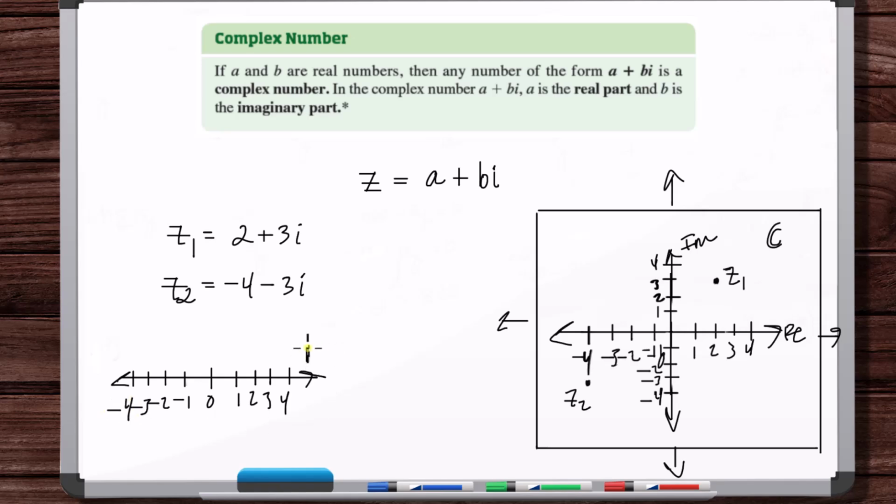You're just referring to the set of all real numbers, and you're viewing the set of all real numbers as distinct from a number that has an i in it. Any number that has an i in it, you kind of view real numbers as being in their own separate world from any number that has an i in it. And you typically would call that kind of number an imaginary number. Even if it's a complex number, you kind of call this an imaginary number. Okay, that's going to be one context that you'll be having a conversation in or reading something in.